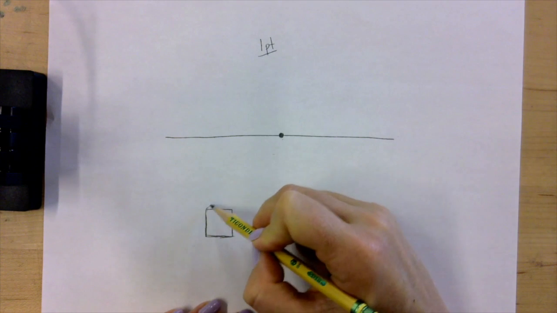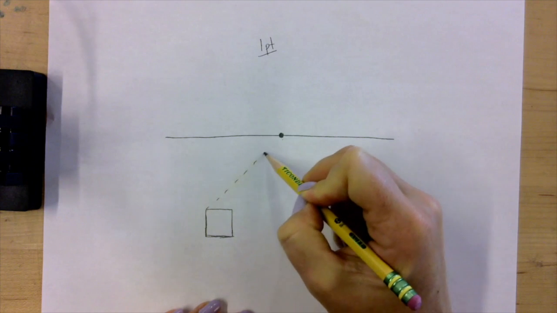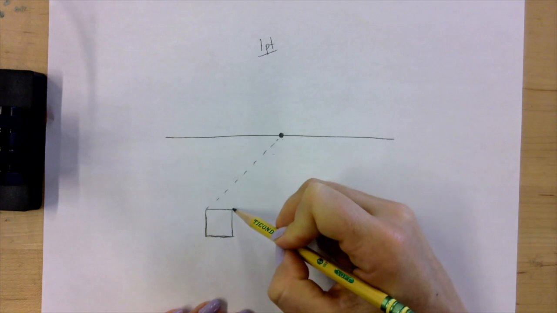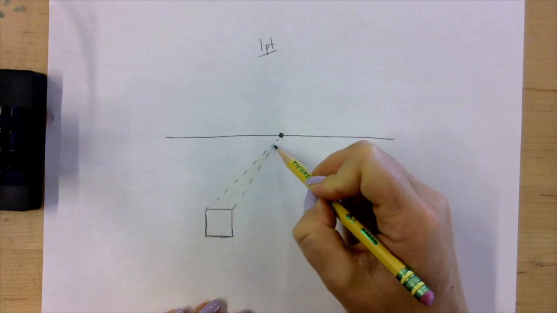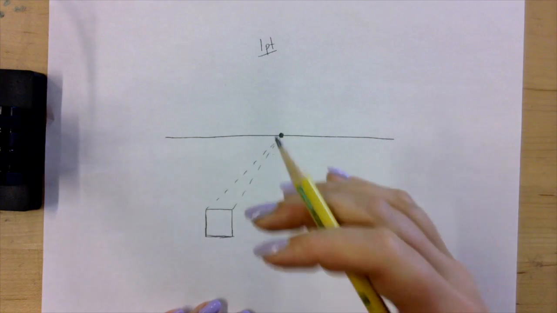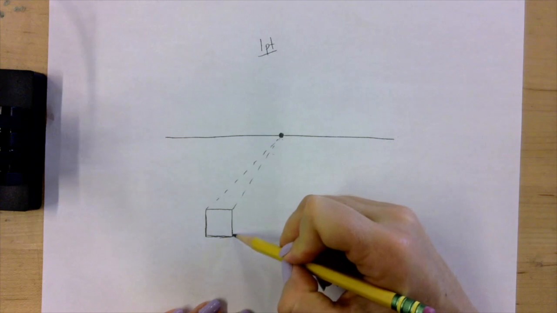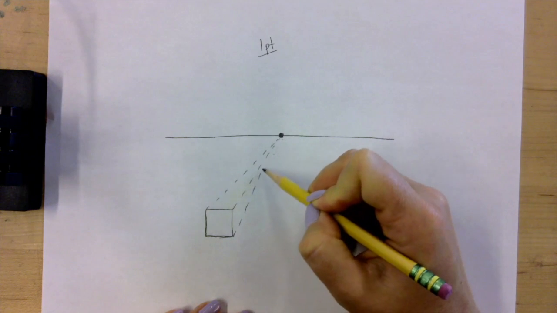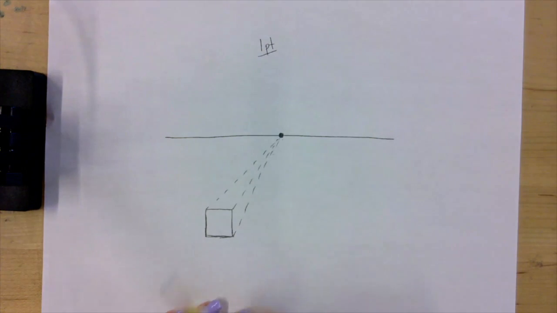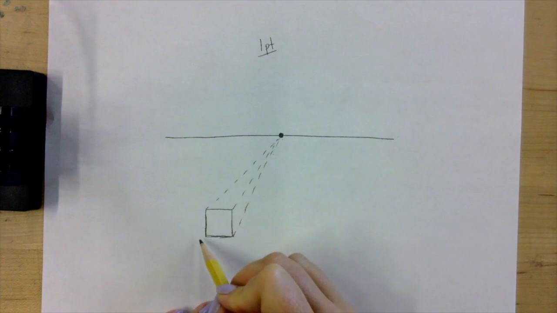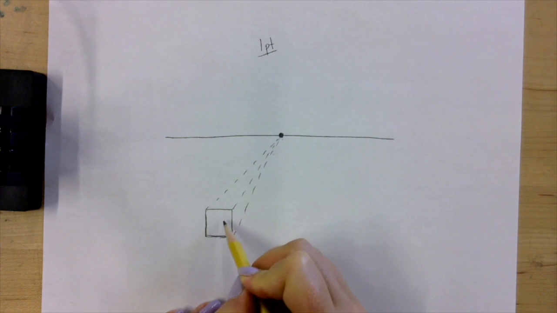The reason you want them to be dotted is because that's telling us that these are not going to be hard, real lines. This is just guidelines. So you have dotted lines going to the vanishing point from these 3 corners. The reason you don't want to do this 4th one is then that object would become see-through, and we don't want that. We want it to be a solid object.